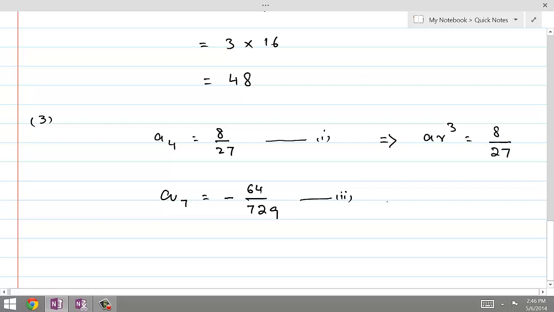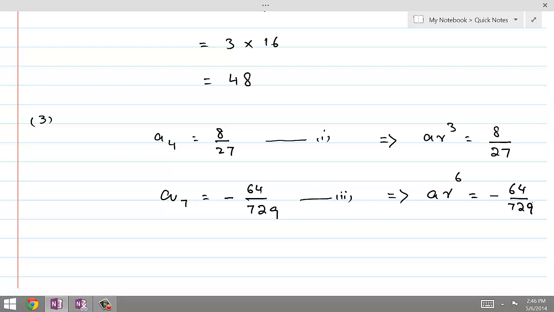And when it is given that this is the seventh term, this means ar power 6 is equal to minus 64 over 729. If we want to find out r, obviously we can divide equation 2 by equation 1.